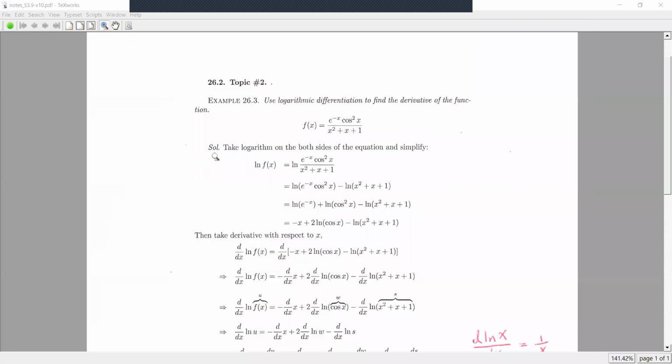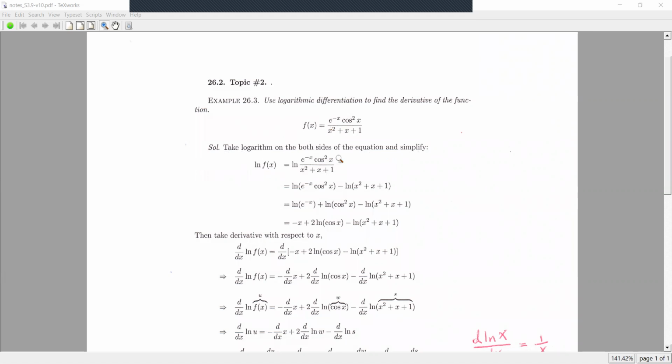Now, the solution to this example. Take logarithm on both sides of the equation and simplify it. Usually take natural log. Take natural log on both sides of this equation. Then I have this equation.